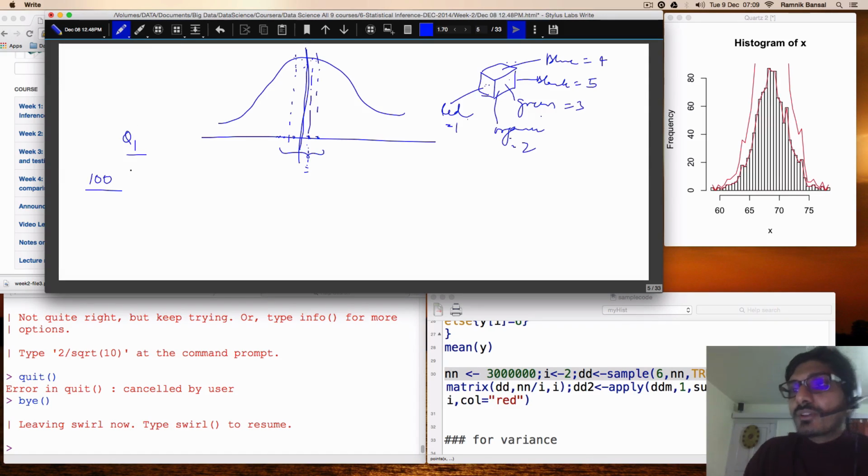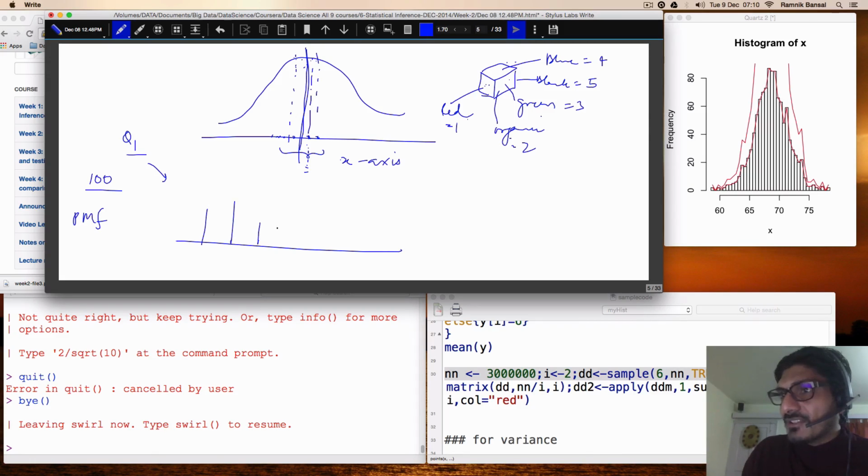Once you throw the die, five sides will be facing you, so those 5 sides are the 5 questions. Now I can assign a number to them: 1, 2, 3, 4, 5, 6, 7, 8, 9, 10, and based on those numbers, which will go on your x-axis, I will draw a probability mass function.